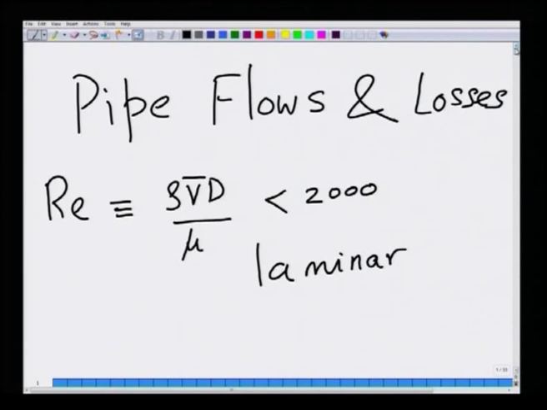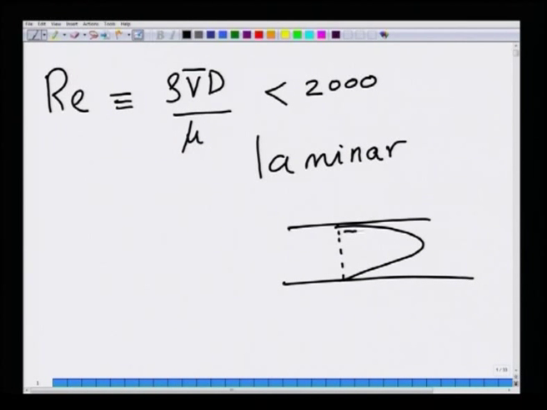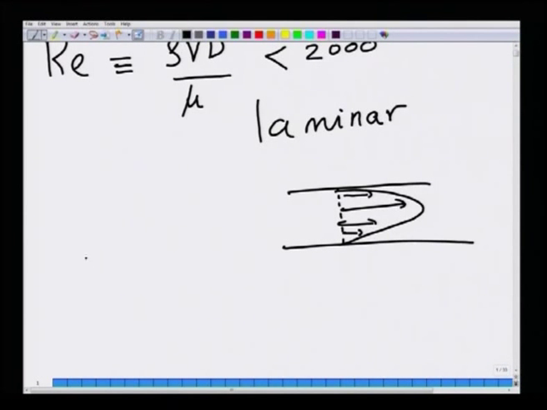Then we were able to solve for the velocity profile inside the pipe, and we showed that the velocity profile is actually parabolic. Okay. After having solved for the velocity profile, we found the relation between the pressure drop and the volumetric flow rate, and that was a very simple relation.